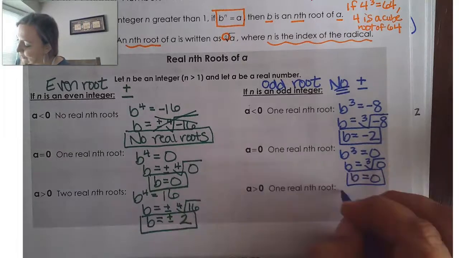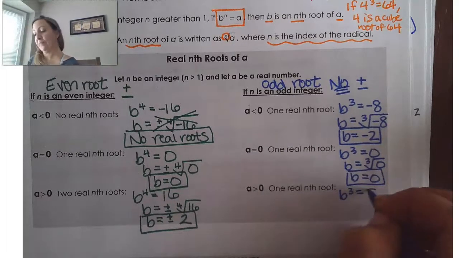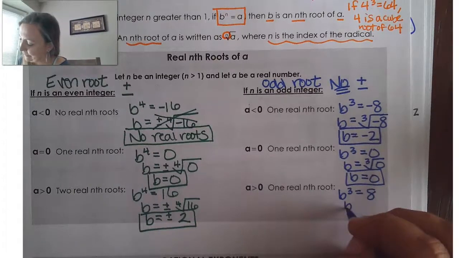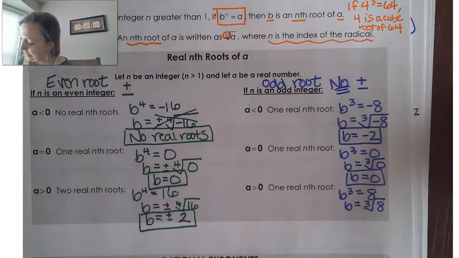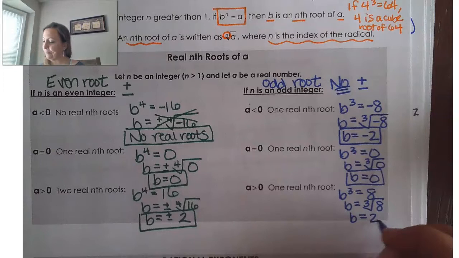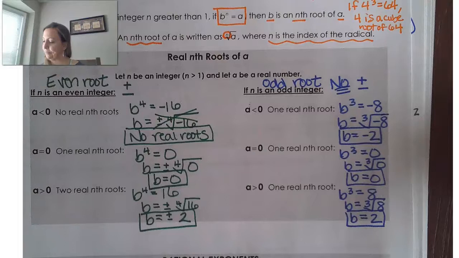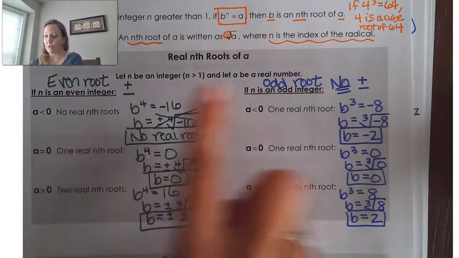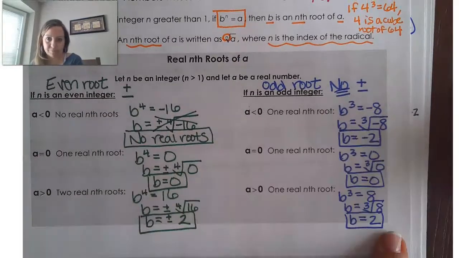And if we are trying to take the cube root of a positive number, again, only one positive number would work there, and that would be a +2. So going forward, anytime that you have any sort of an even root, we're going to insert a plus or minus. But if it's an odd root, there's always just one possibility. Okay?